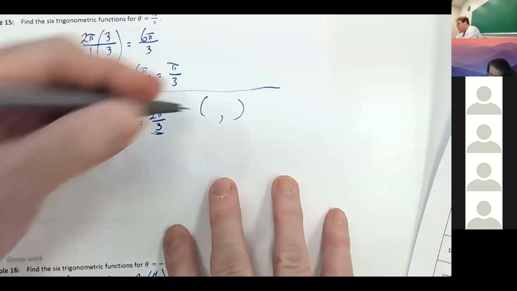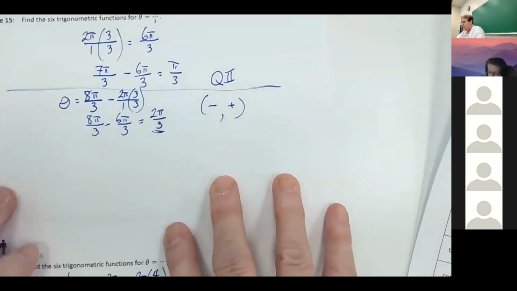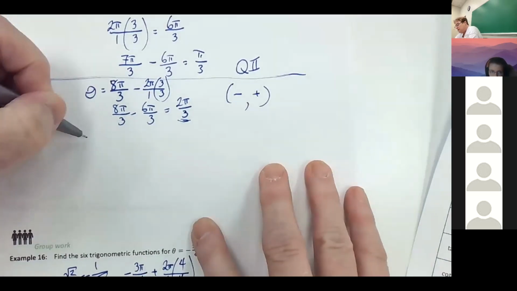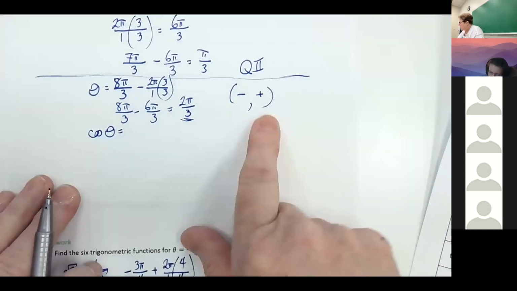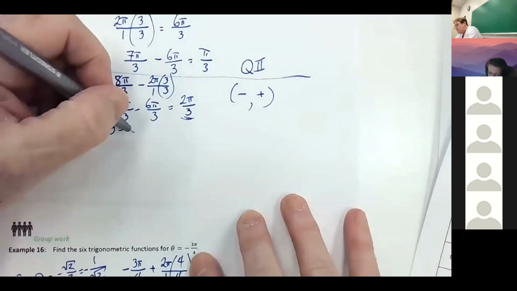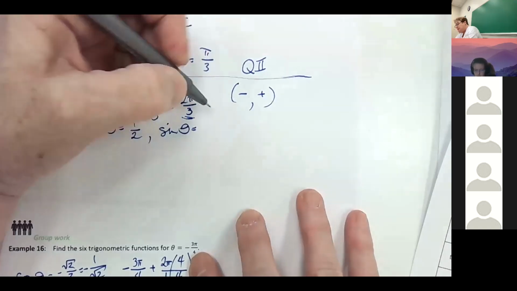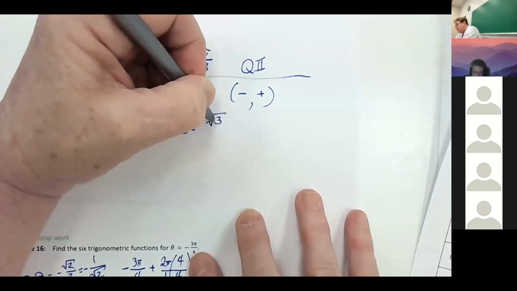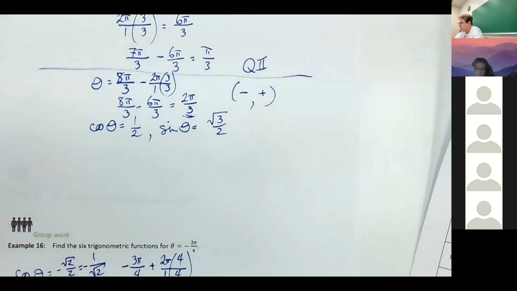Good. So that means the cosine is going to be negative 1/2. The sine is going to be square root of 3 over 2. Which of these is going to be negative? Good.